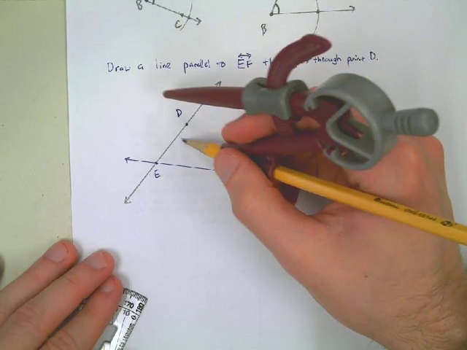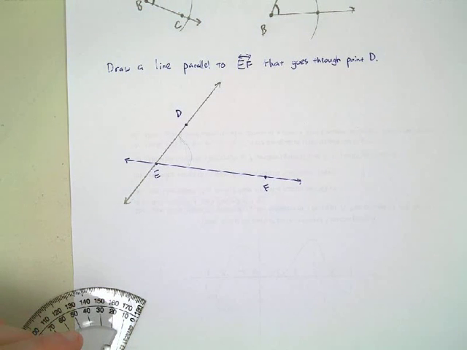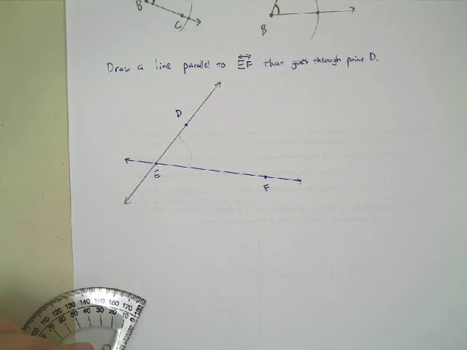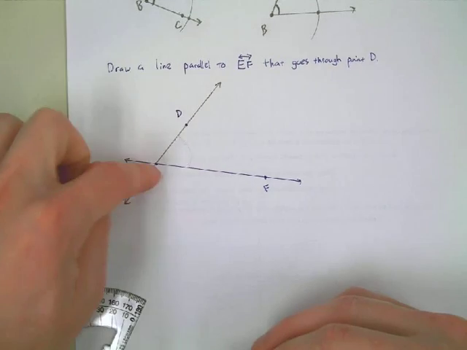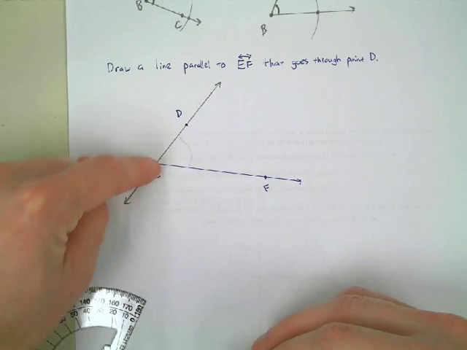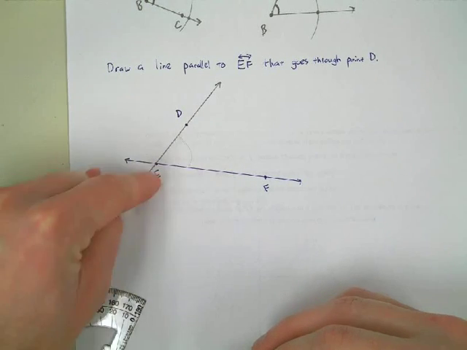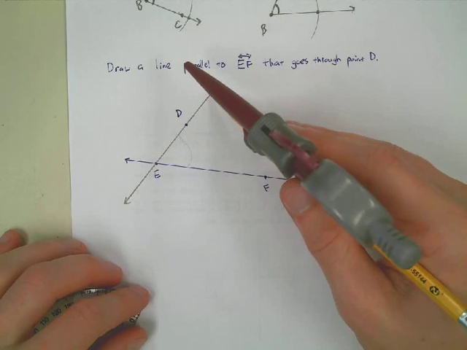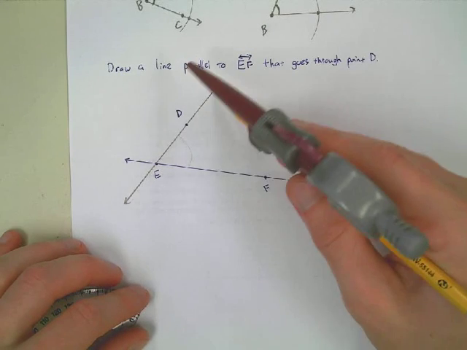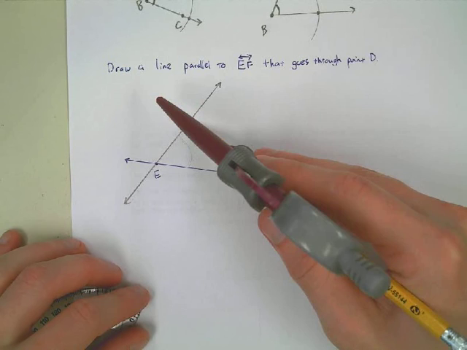And we're going to copy angle DEF, this angle right here, up to here, off of this one side of D. So we're going to take this angle and copy it up here so that it comes off this one side of D and goes this way.